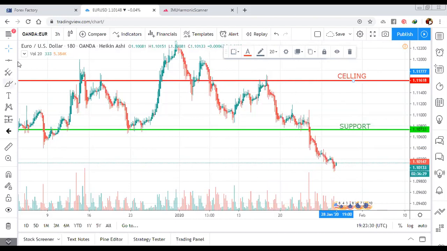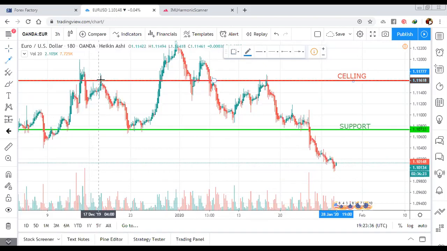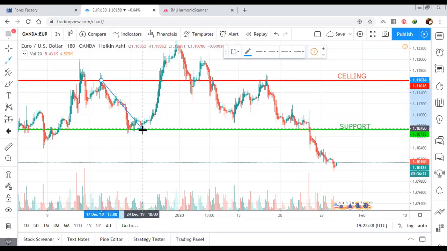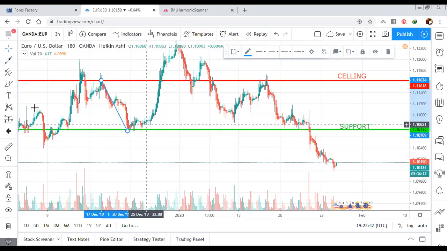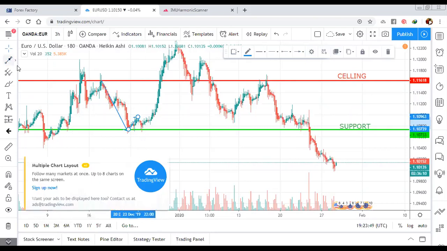Now, if you can see here, the market moved down and it tried to go up. It came down again before finally going where?